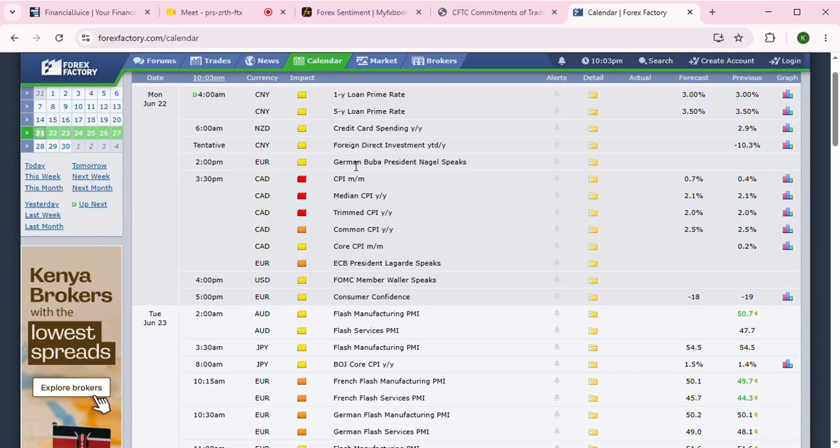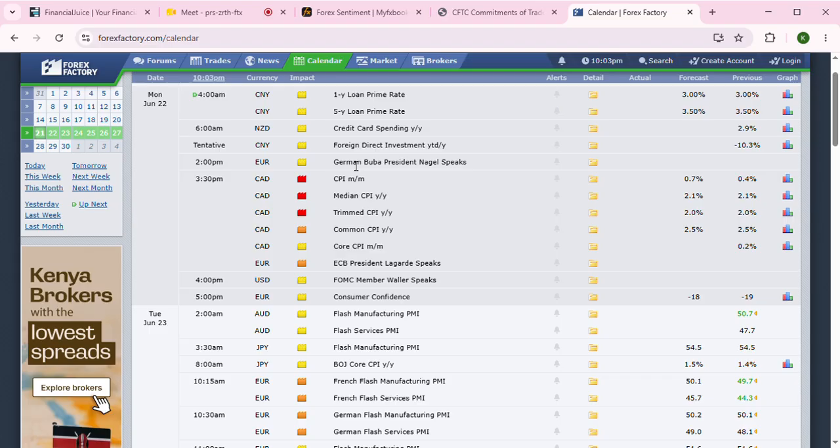But for those who will be trading, from what has been happening previously, there is a probability that we are going to have an increase in inflation on the consumer side. Remember, CPI stands for Consumer Price Index, and this is inflation on the consumer's side. So there is a probability we will be having an actual greater than the previous, and if that happens, that means the local currency is going to gain.